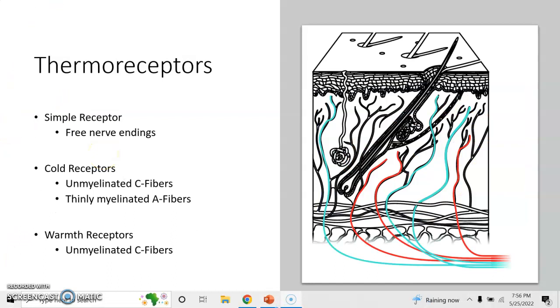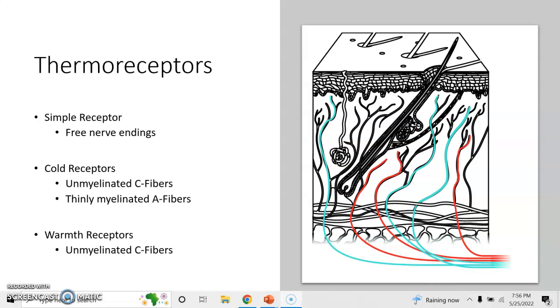All right, the next type of receptor I'll talk about are thermoreceptors or temperature receptors. These sense temperatures in our environment. These are simple receptors mostly found within our skin, with free nerve endings.